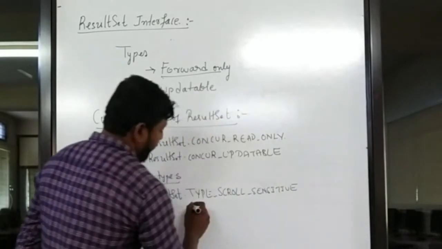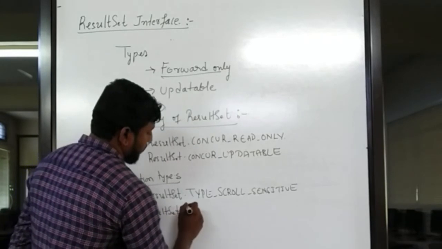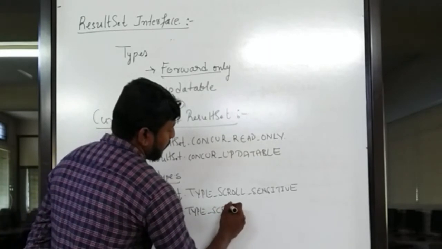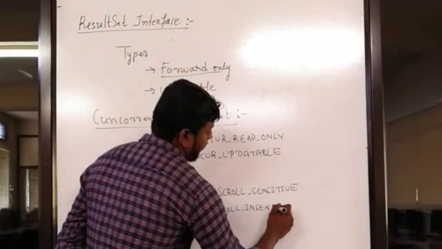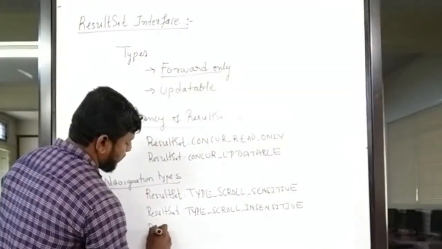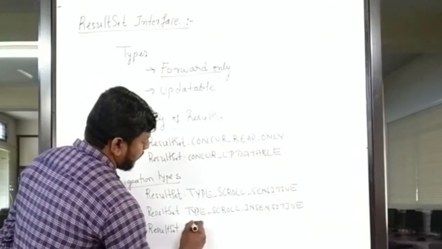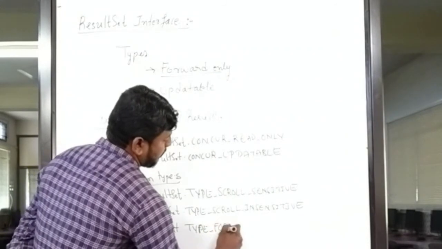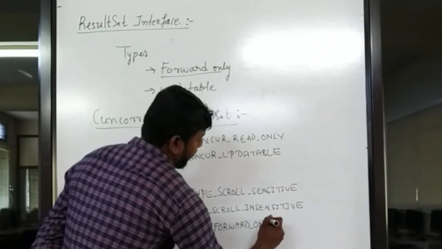Then one more is ResultSet.TYPE_SCROLL_INSENSITIVE. Then the third one is ResultSet.TYPE_FORWARD_ONLY.